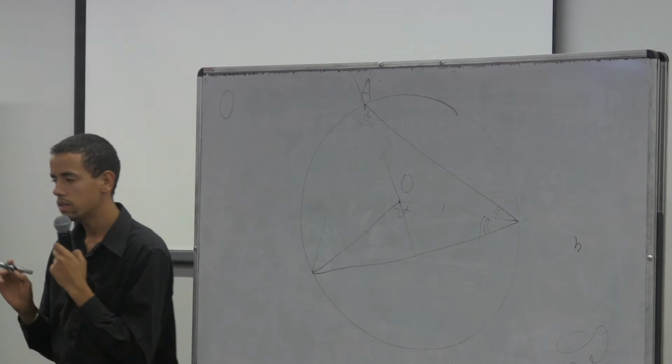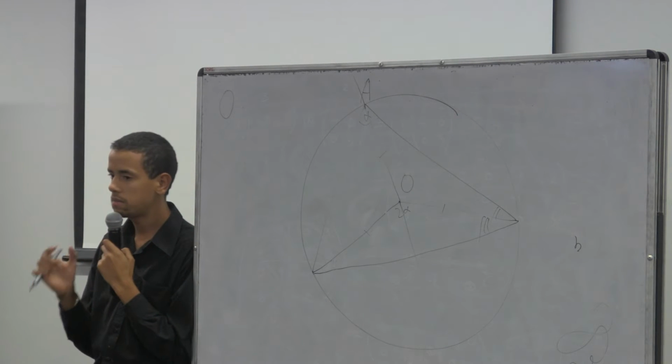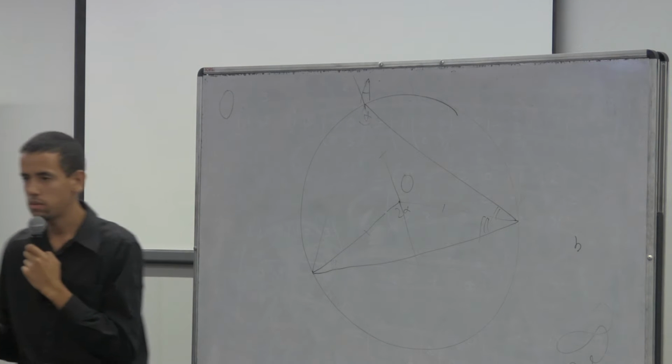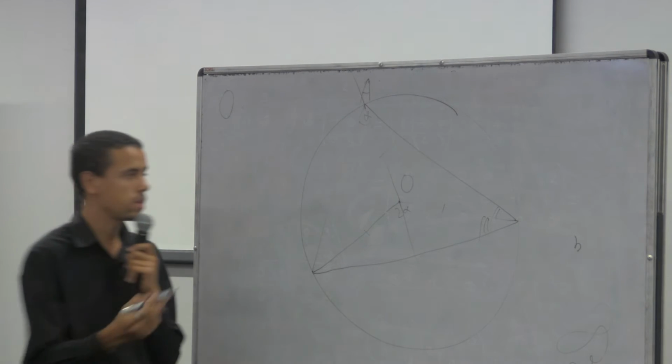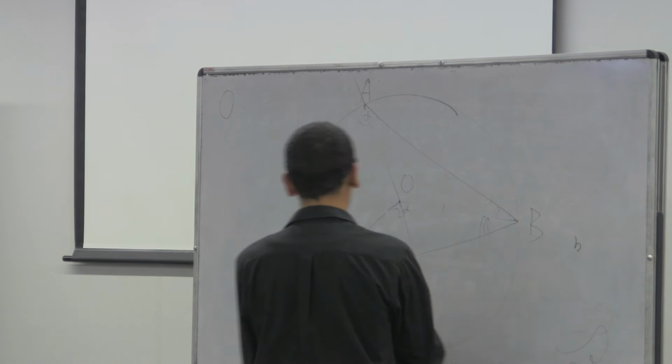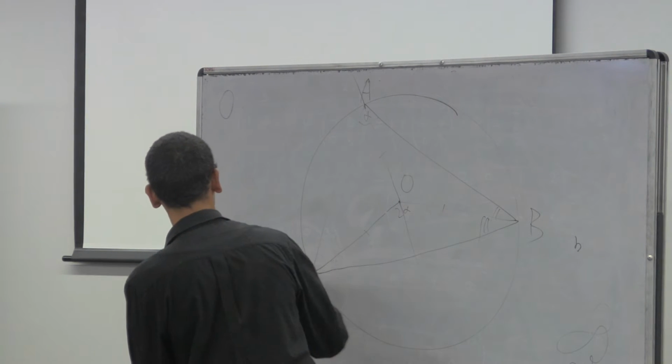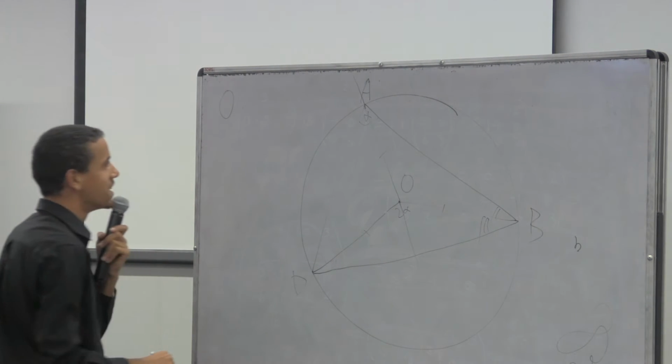First of all, we're going to have to give our points some names. Usually in the problem, they would probably give them names already. A, B, and D. Obviously.